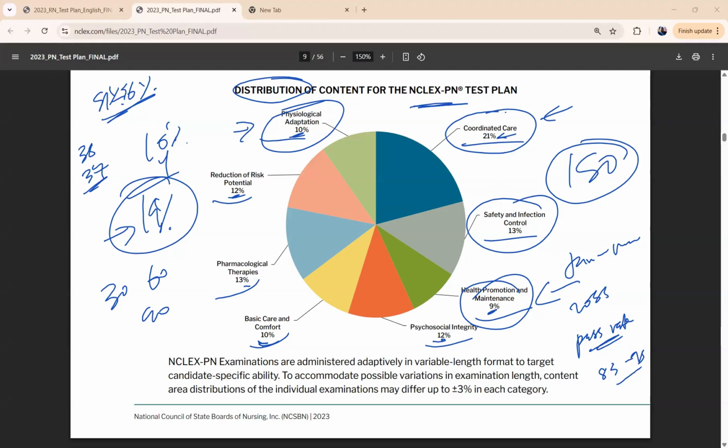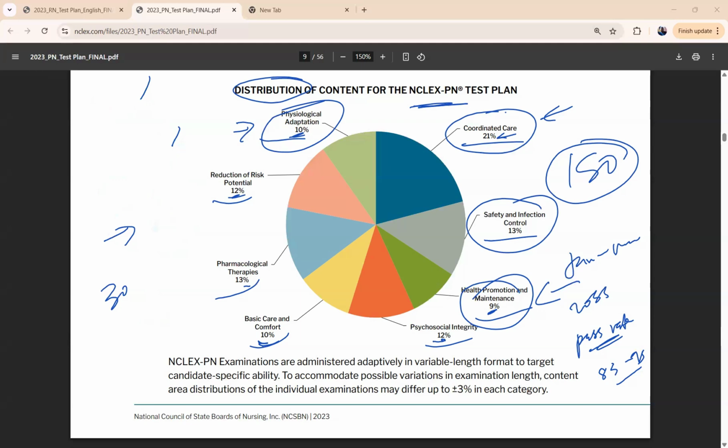And guess what? These students are not trying to understand why they are failing the exam. Instead, what they are doing is jumping from one question bank to another. I've seen a particular student who failed the NCLEX exam 7 times. She did a lot of programs.